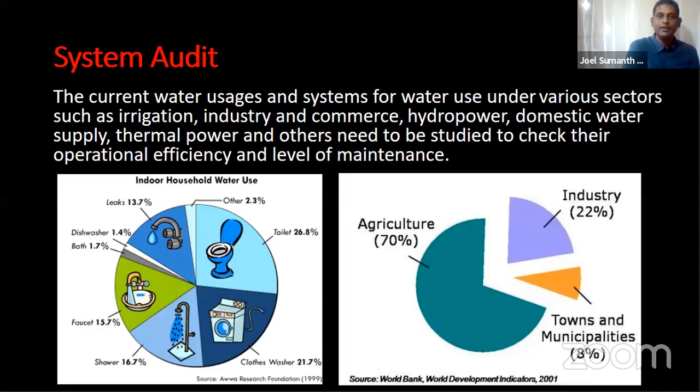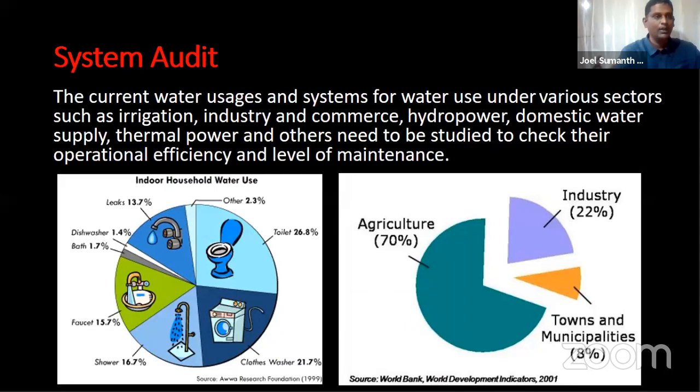The same way, at a larger scale, when you're taking a city level or a state level, when you say a system audit, we will see how much water is being consumed by different sectors or different regions.